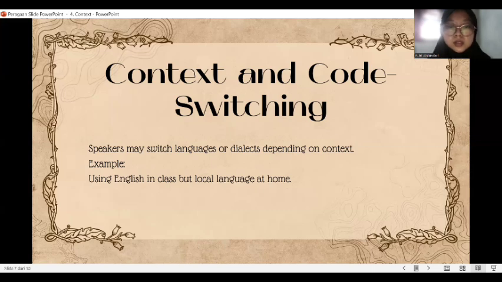Another example is switching from formal Indonesian at work to Javanese dialect in casual settings. Code switching shows how people adapt their language use based on social roles, audience, and settings.